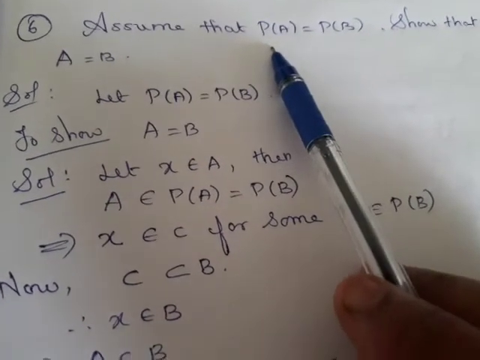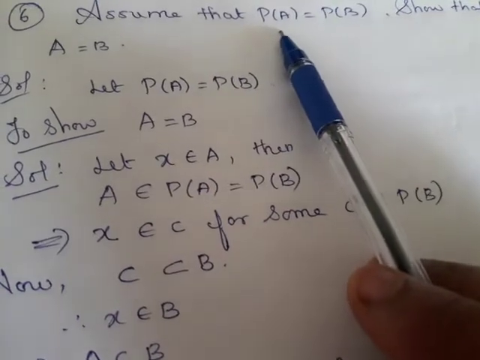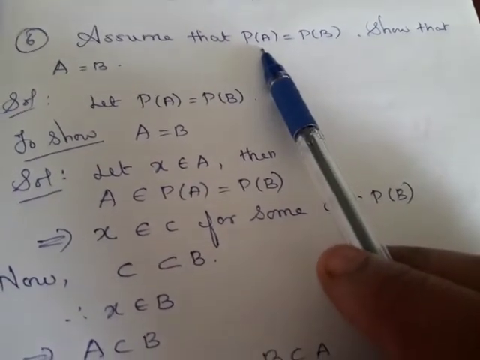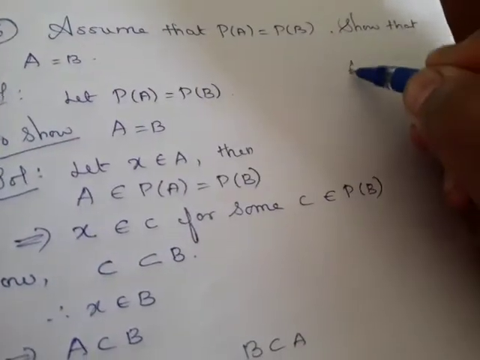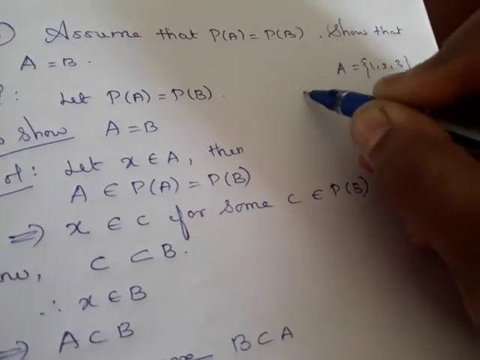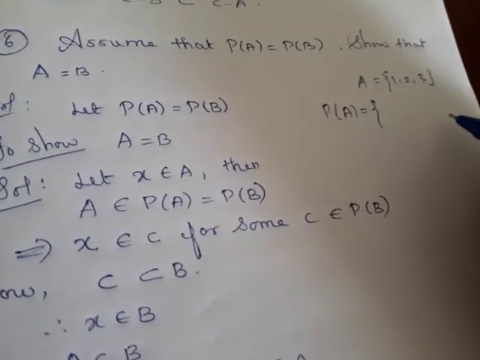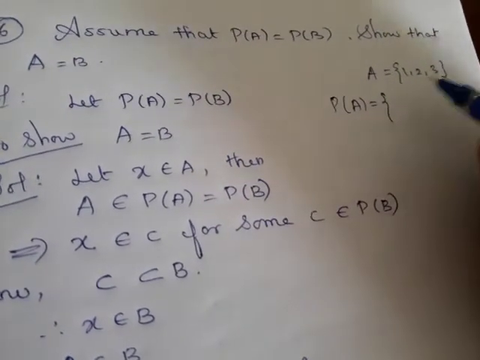So power set itself is a set which consists of all the subsets of the particular set. For example, if A is equal to {1, 2, 3}, then the power set of A will have all the subsets of the set A. How will you list out the subsets?